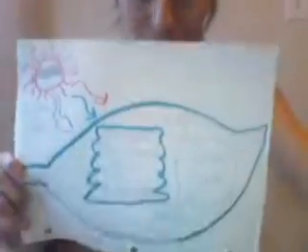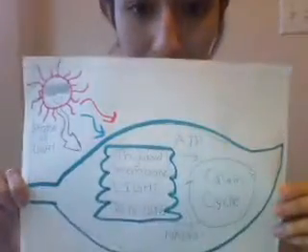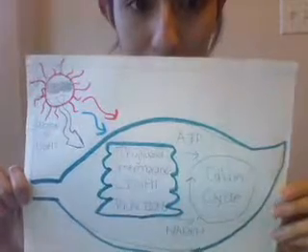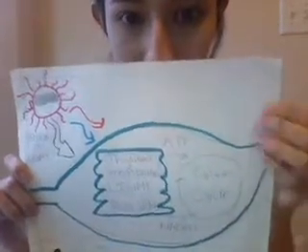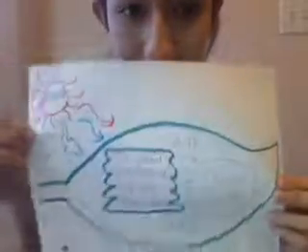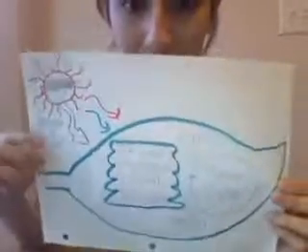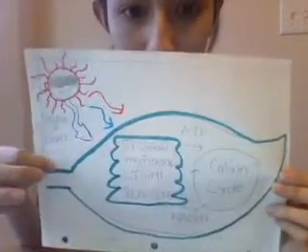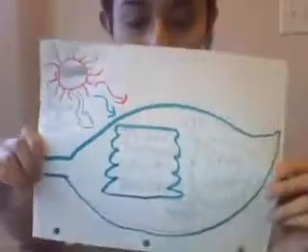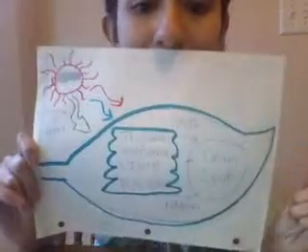This is my short diagram of how photosynthesis occurs. At first, the sun over here is going to hit the leaf, and only blue and red rays are going to be absorbed, and green is not. It will be reflected instead.